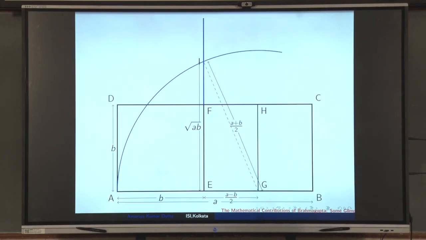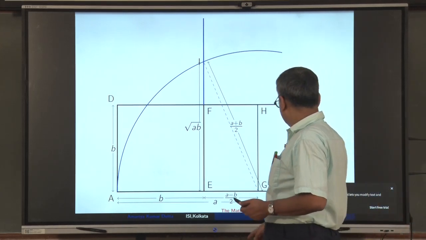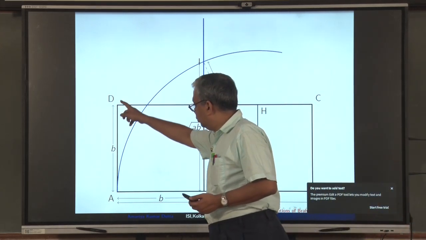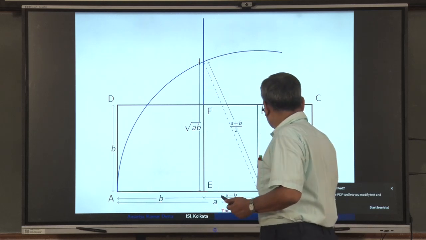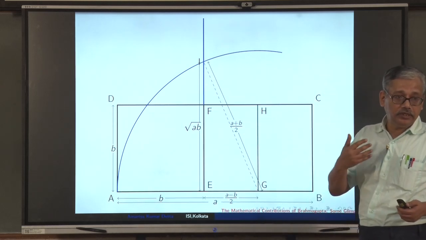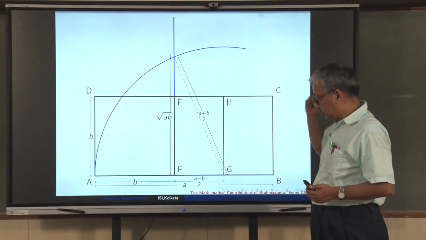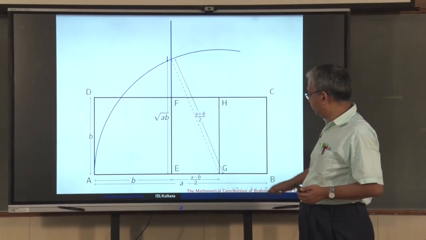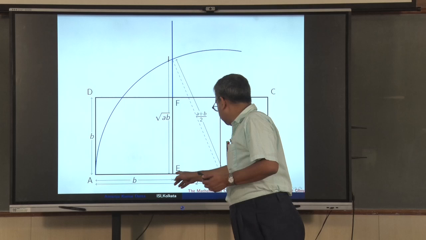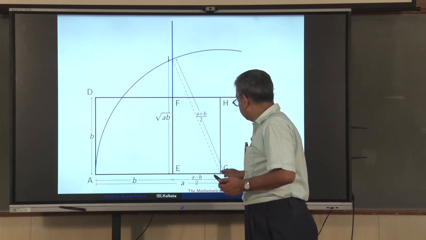Another construction is that you have a rectangle whose smaller side is B and the bigger side is A, and you have to construct a square whose area is equal to the area of this rectangle. And Baudhayana of 800 BC, his prescription is that you look at this remainder, that is A minus B, bisect it.